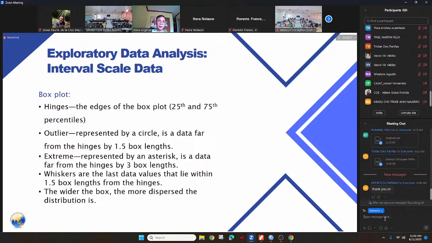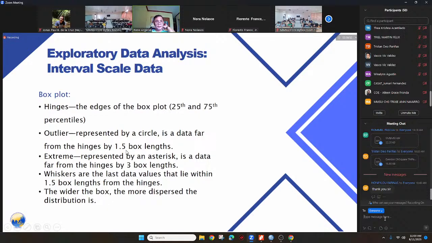If it is not within that range, especially if it is outside and represented by a dot, an asterisk or a circle, it means that observation is an outlier. An outlier represented by a circle is data far from the hinges by 1.5 box lengths.